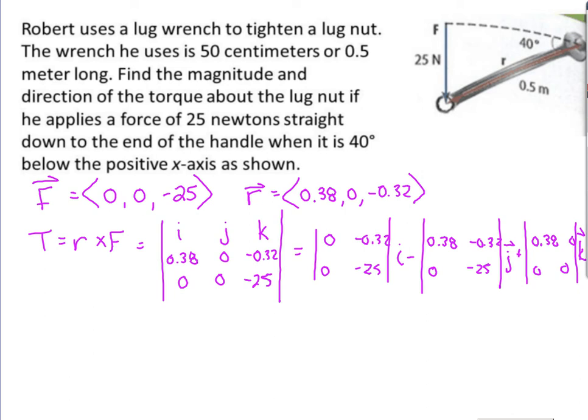Again, when you're finding the determinant, it's going to be a times d minus c times b.